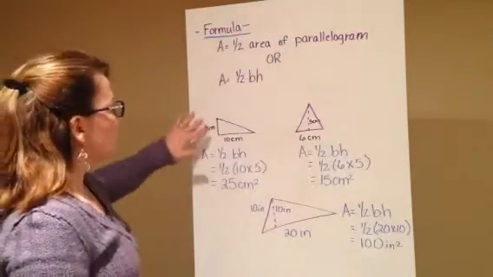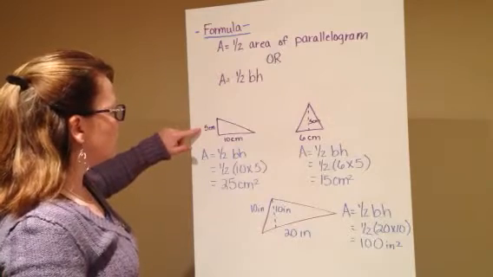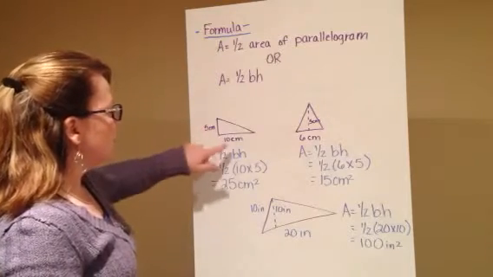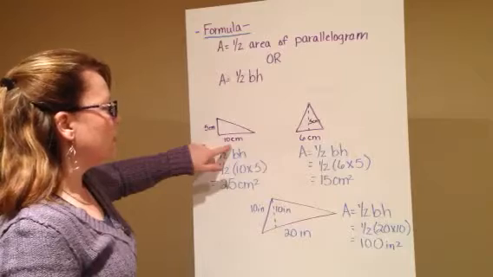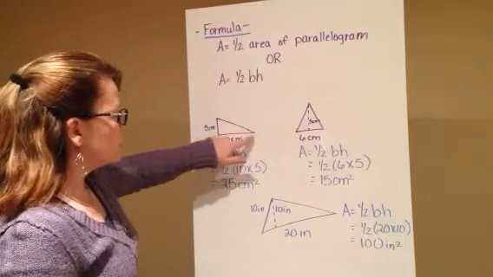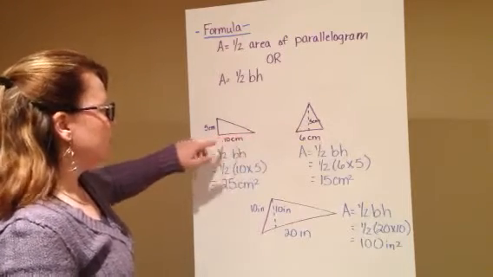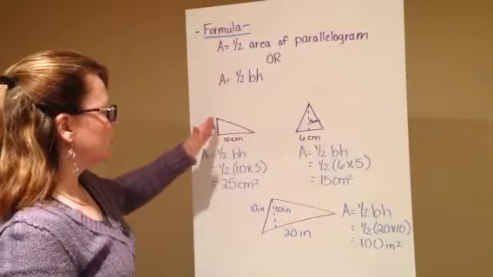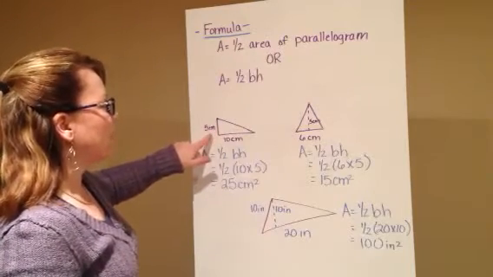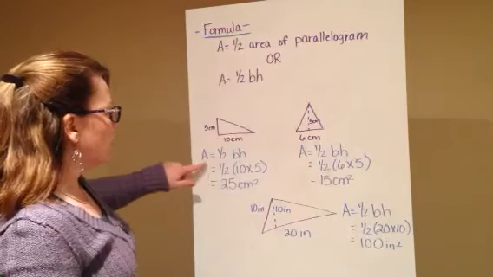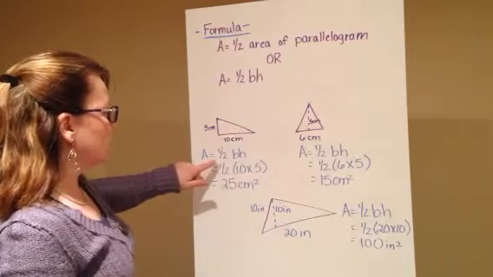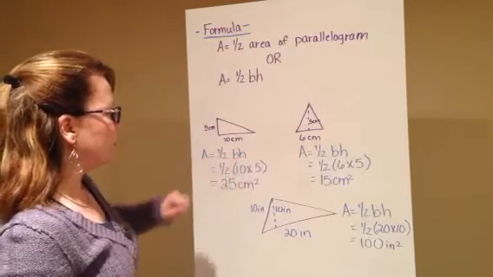So I have a triangle that has a measurement of 5 centimeters on this side and 10 centimeters on the bottom. And this, of course, would be my base. And the height for this particular triangle would be that 5 centimeters. So I write my formula down. Area equals 1/2 base times height.